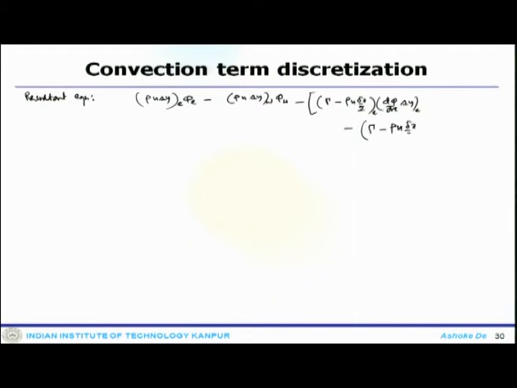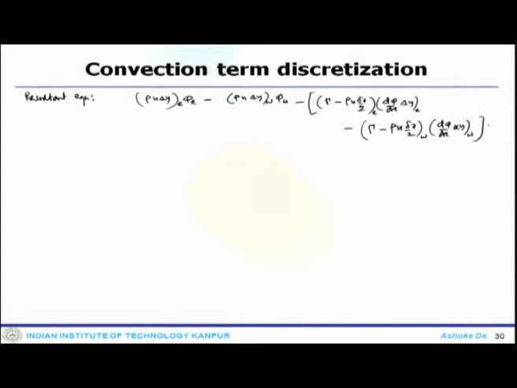The resultant equation looks like rho u del y E phi E minus rho u del y west phi W, minus (gamma minus rho u del x by 2) at east face d phi by dx delta y east face, minus (gamma minus rho u del x by 2) at W d phi by dx delta y W.